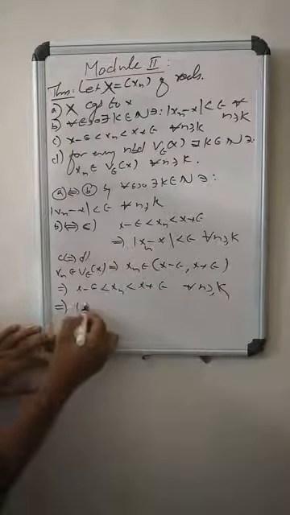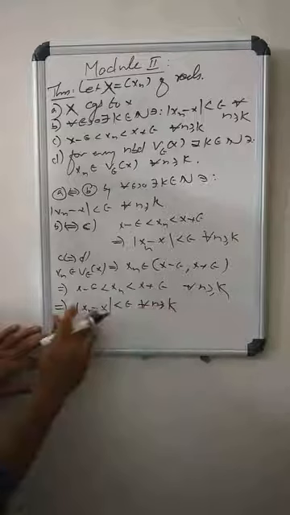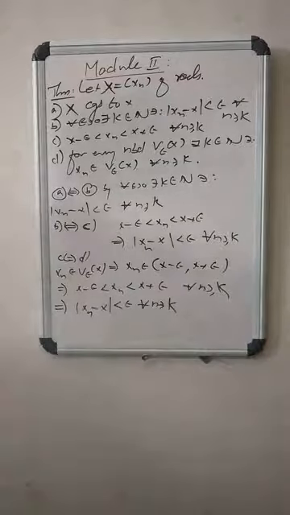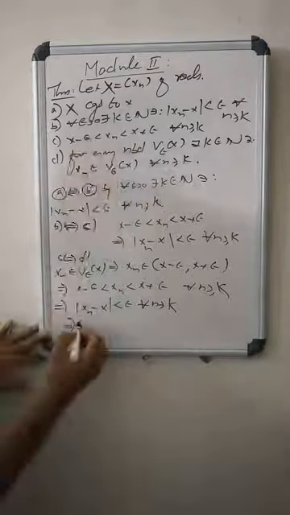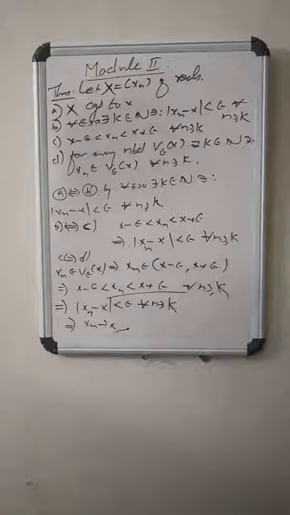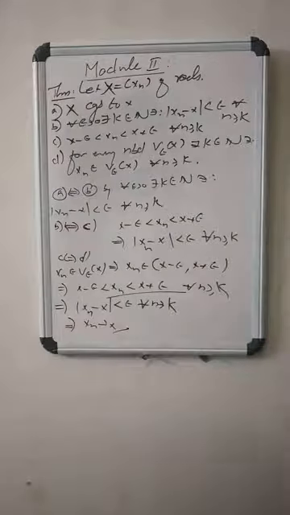That means the modulus of xn minus x is strictly less than epsilon for all n greater than or equal to k, which means xn converges to x. So these four statements are equivalent to each other. This follows immediately from the definition of convergence of a sequence: the sequence xn converges to x means that xn should be present in the epsilon neighborhood of x.